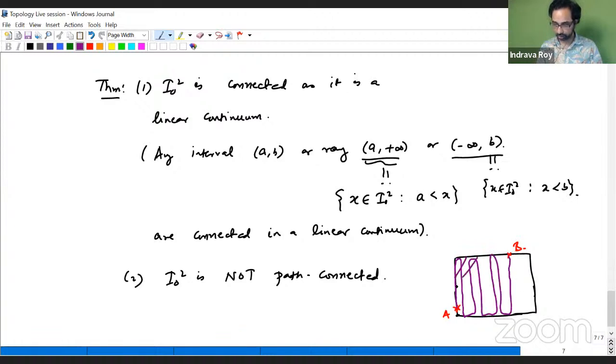It actually has to fill out the whole thing, and this causes problems with the countability and so on. So the only path connected components are just these vertical lines.